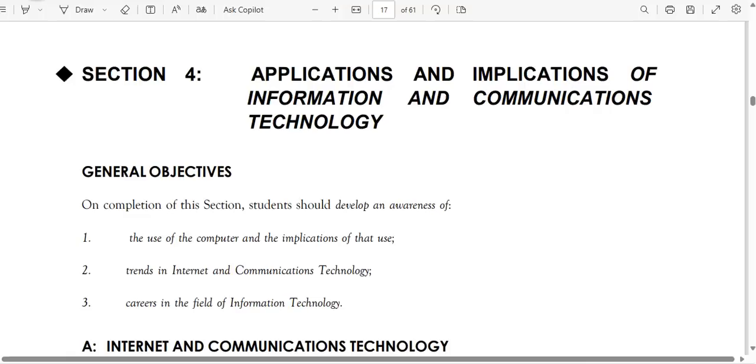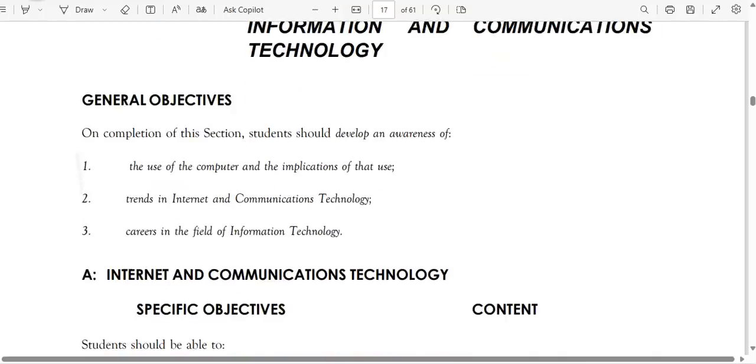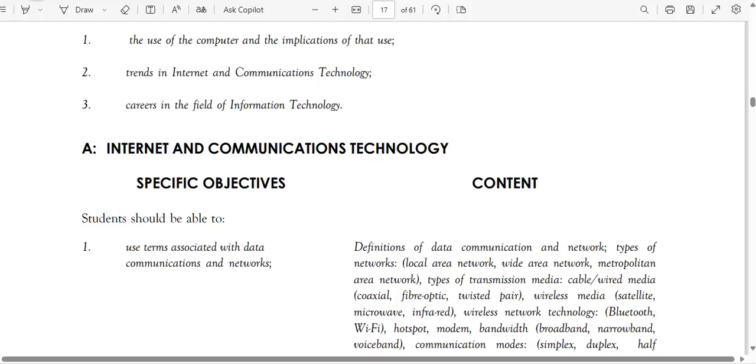All right, guys, so we're going to continue looking at section 4, and it is applications and implications of information and communications technology. Now, we're going to look at the internet and communications technology with specific objectives.